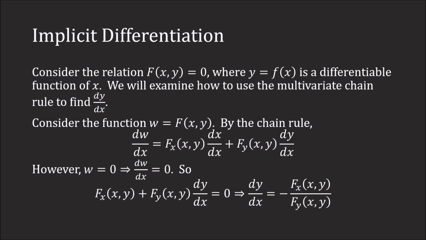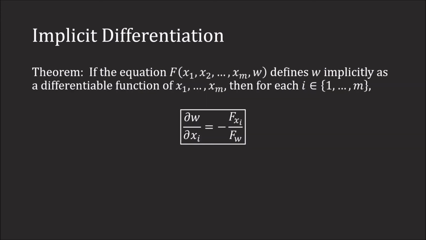A similar method can be used for functions of several variables that are defined implicitly. So in general, for implicit differentiation, if the equation f of x1, x2, up through xm, and w equals 0 defines w implicitly as a differentiable function of the variables x1 through xm, then for each subscript i, partial w partial x sub i is negative f sub x sub i over f sub w.